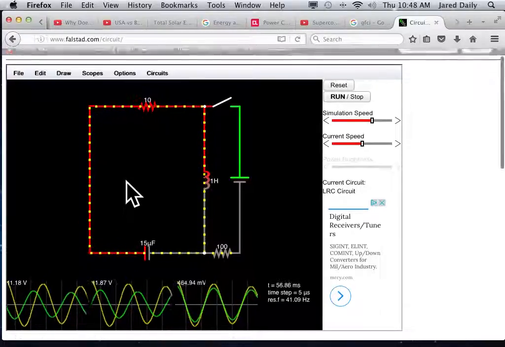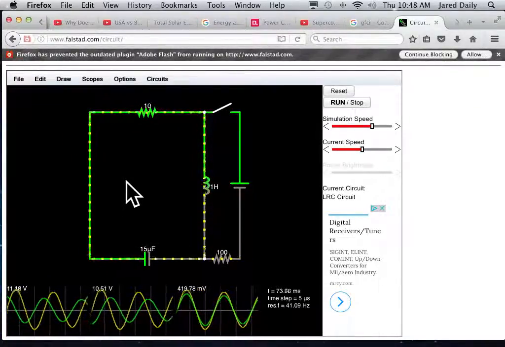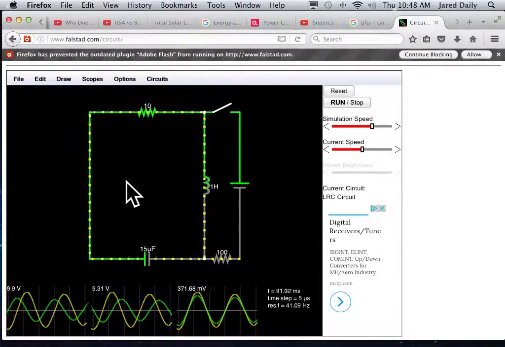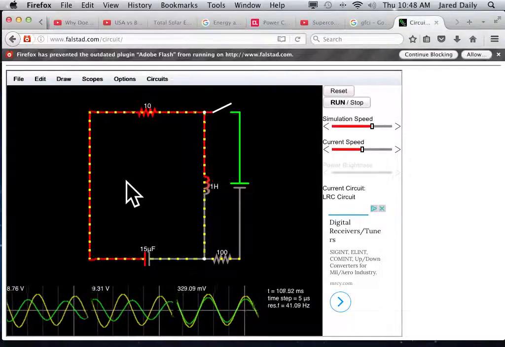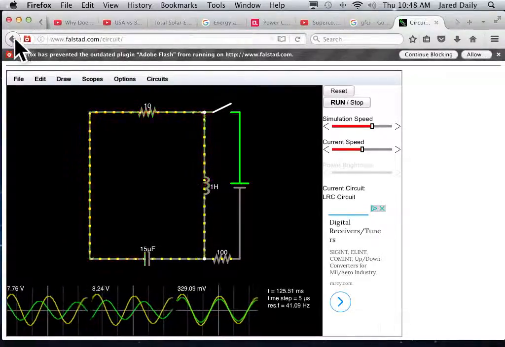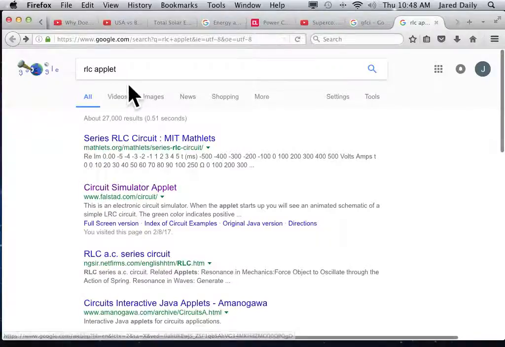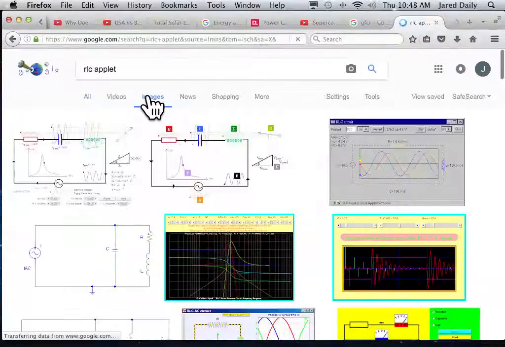So here's an RLC circuit. Let's see what they've, no, this is not the one I want to do actually. Let's look at one that is more like an antenna.